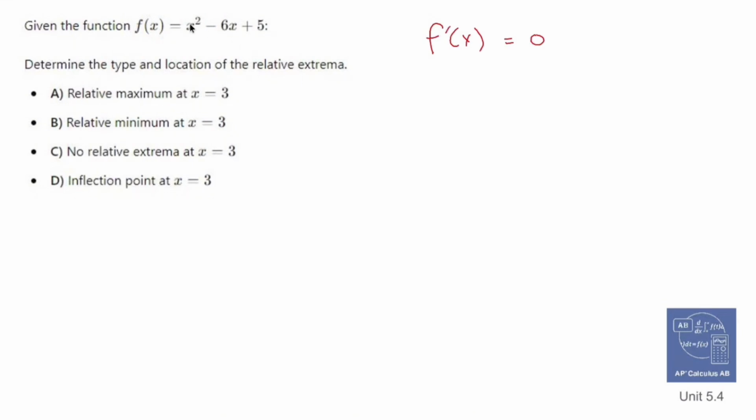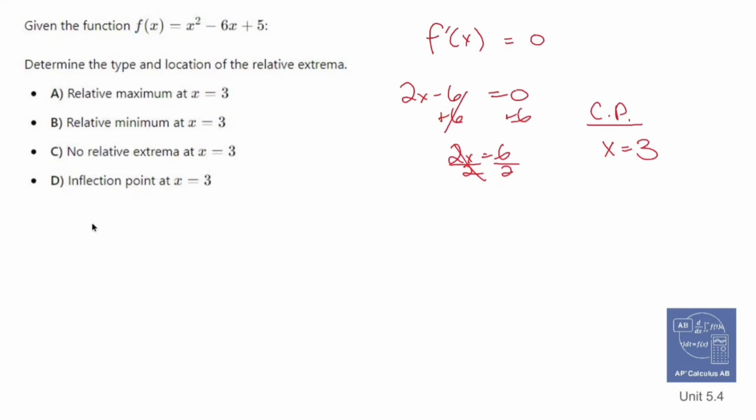F prime of x is going to be 2x minus 6. Set that equal to 0. Add 6, 2x equals 6, divide by 2. We have one critical point, and that critical point exists at x equals 3. So that didn't really help.